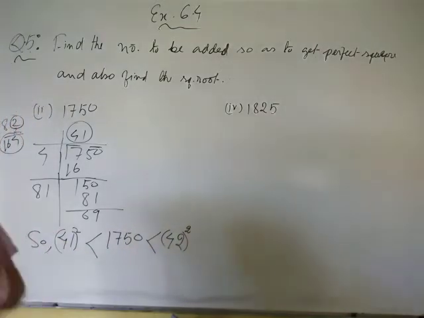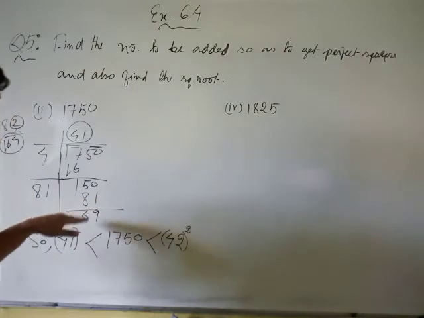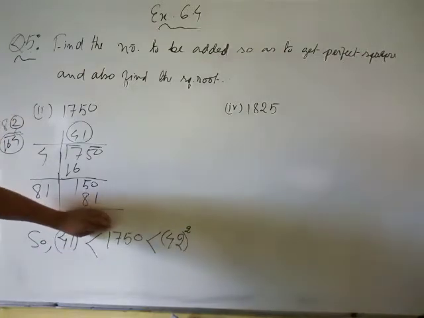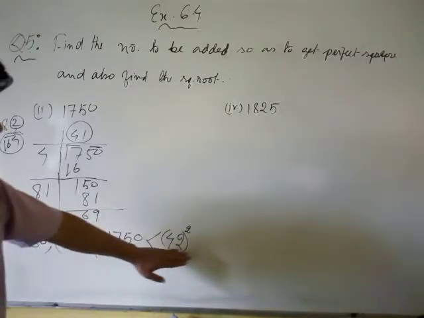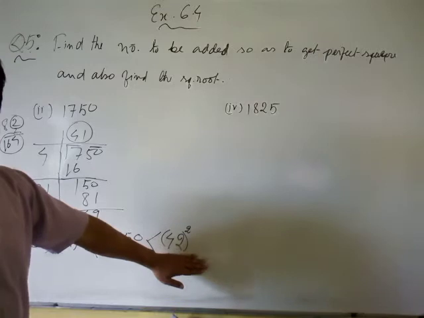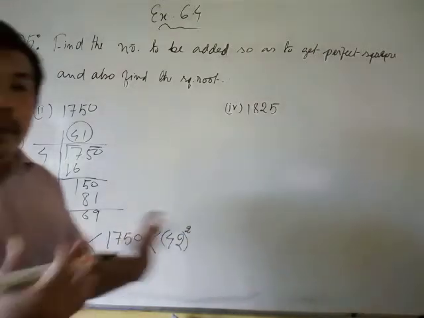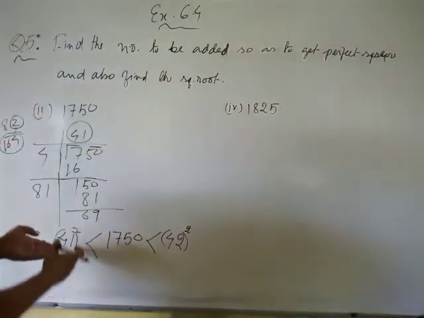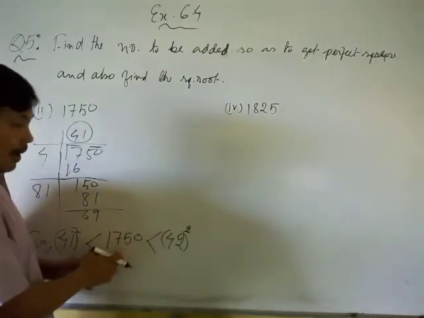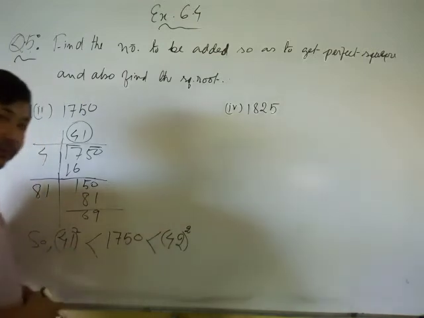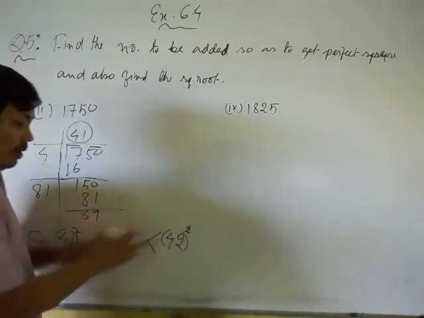So what we have to find out? We cannot add 69 again. We are going to find the difference between the bigger square and the number. This is the smaller square, this is the bigger square. Then take the bigger square, 42 squared.